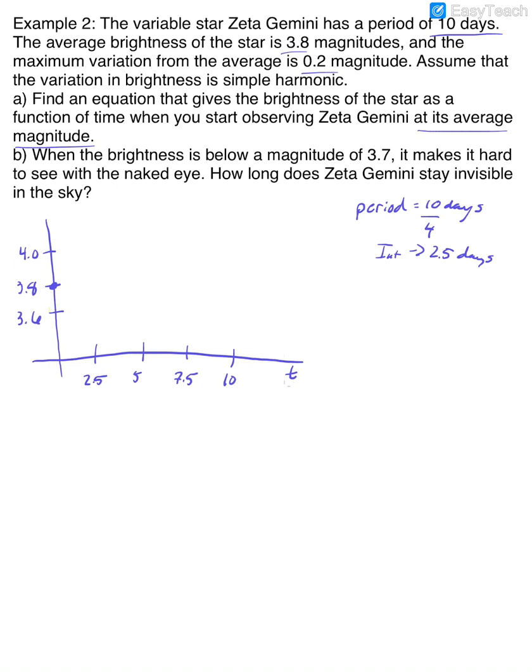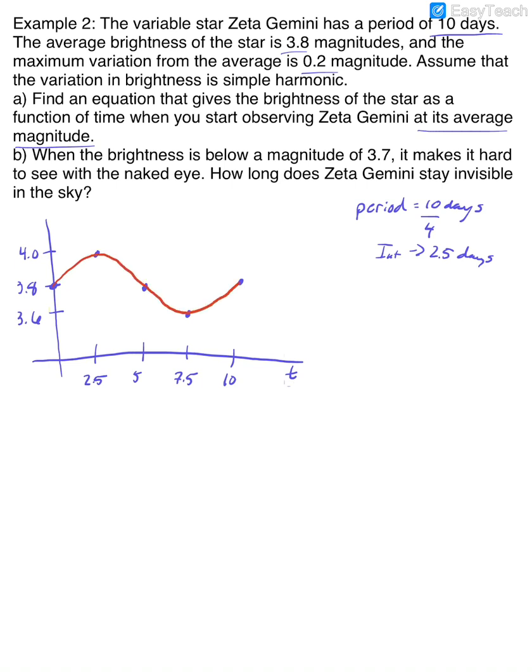That should already elicit in your brain that this has to be sine, because I'm starting in the middle. So at 2.5 days, it'd be at its maximum. At 5, it'd be back to average. At 7.5, it'd be at minimum, 3.6. And then at 10 days, it'd be at its equilibrium again. So now I have my graph.